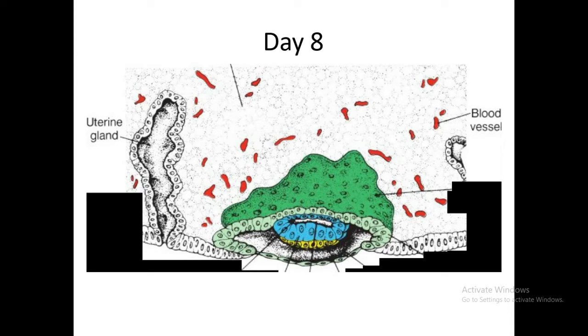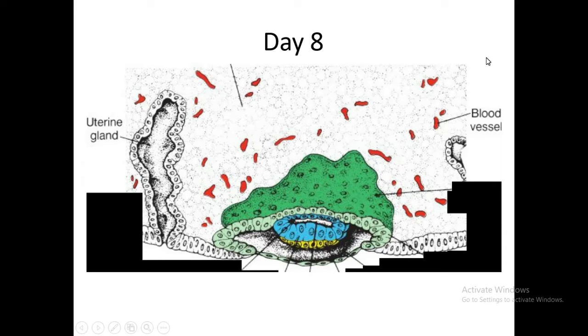This is the day 8 blastocyst stage of the embryo. This is the uterine stroma, the uterine lining epithelium, and the endometrial stroma. This is our blastocyst.